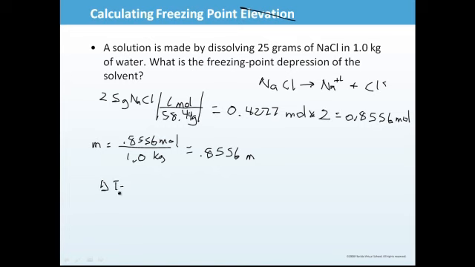So to get our delta TF, we're taking negative 1.86 degrees Celsius per molal, and then multiplying it by the 0.8556.